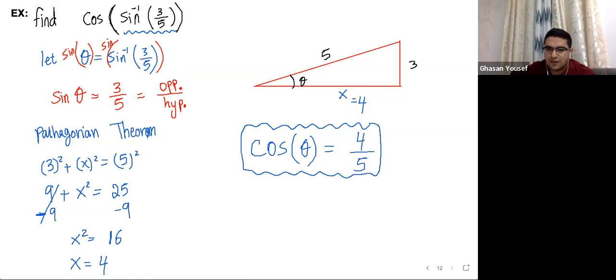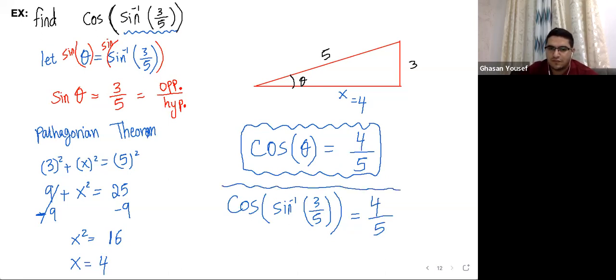So the cosine of sine inverse of 3 over 5 is the same as the cosine of theta, which is 4 over 5. Any question for this example?